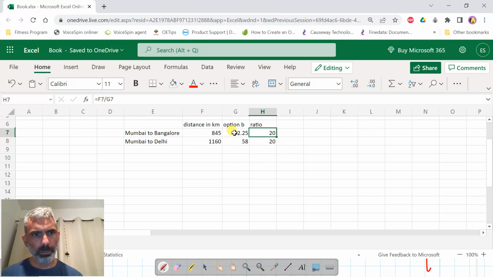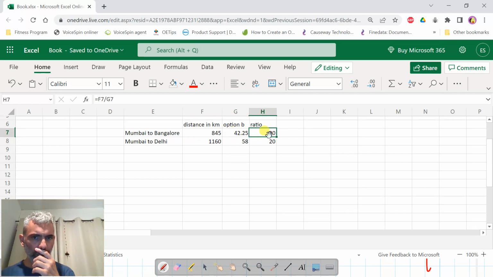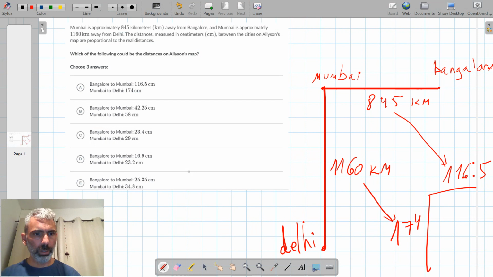When I divide 845 kilometers by 42.25, it means that every 1 centimeter on the map represents 20 kilometers in real life. Okay, and here the ratio is the same. So option B is correct.